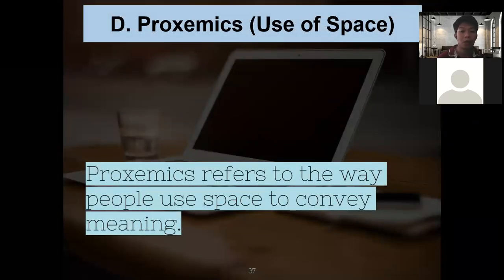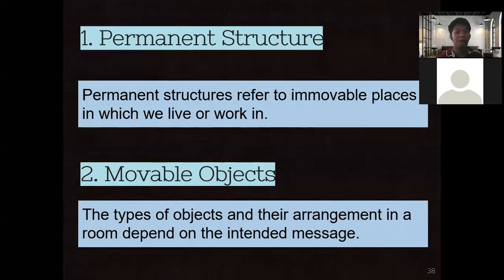Also, proxemics, the use of space. Proxemics refers to the way people use space to convey meaning. It refers to the distance in communication. We have various types of distances when it comes to communicating.